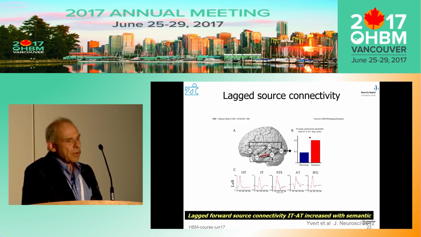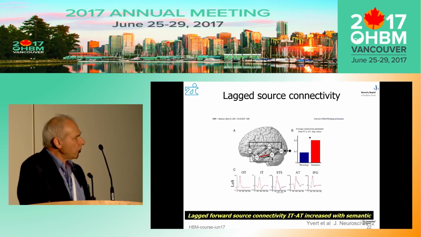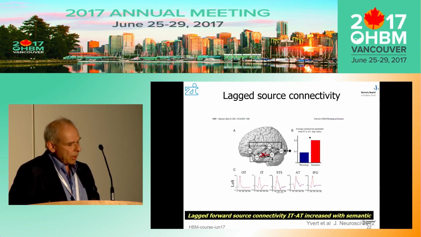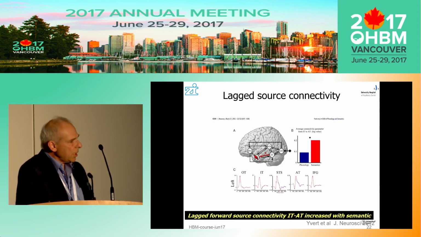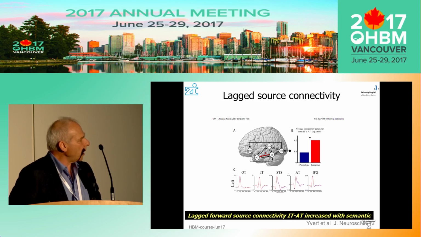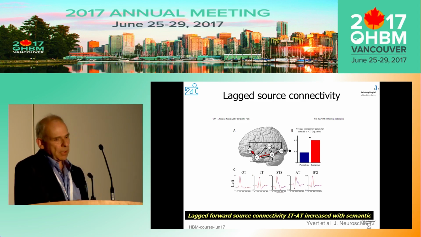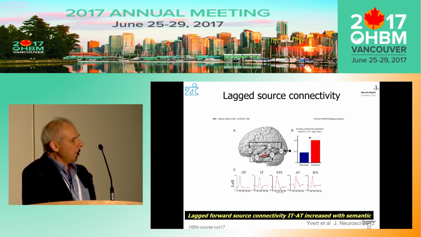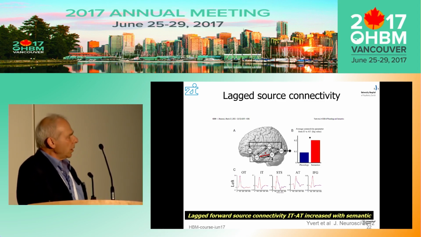A very nice finding, I think, where this group analyzed event-related potentials in a phonological and a semantic condition, and could show that essentially there are many parallel things in the activation patterns, but there are also time windows where you have reliable differences, and these can be modeled by Granger-type causality patterns as an increased forward connectivity in the left temporal region in the semantic condition.